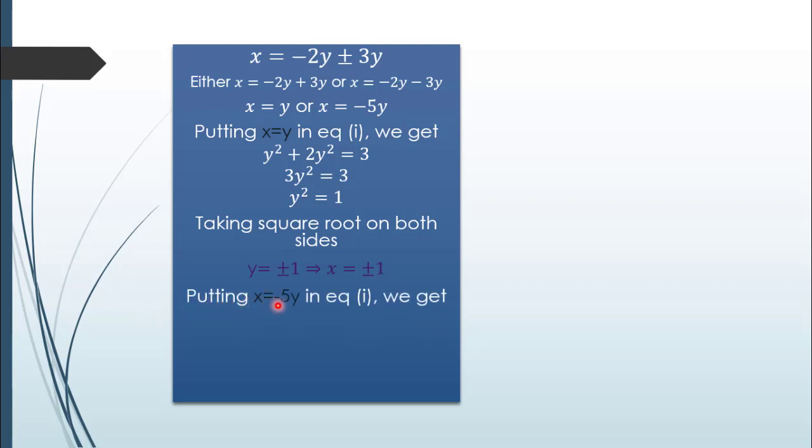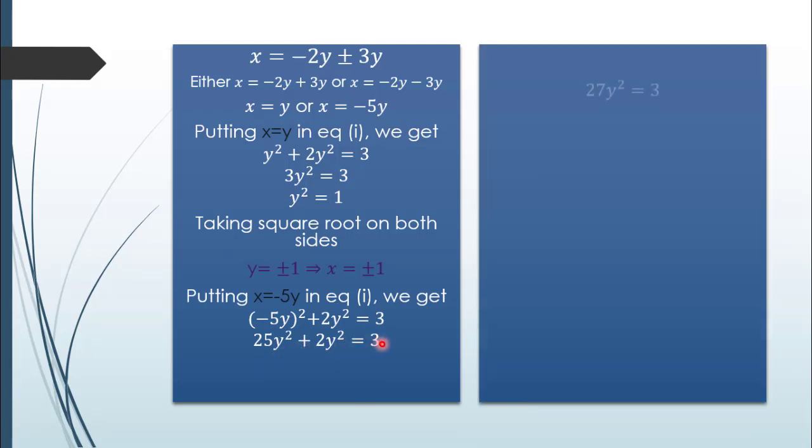Putting x is equal to minus 5y in equation 1, we get minus 5y the whole square plus 2y square is equal to 3. Minus 5y the whole square can be written as 25y square plus 2y square equal to 3. 25y square plus 2y square can be written as 27y square, which is equal to 3.